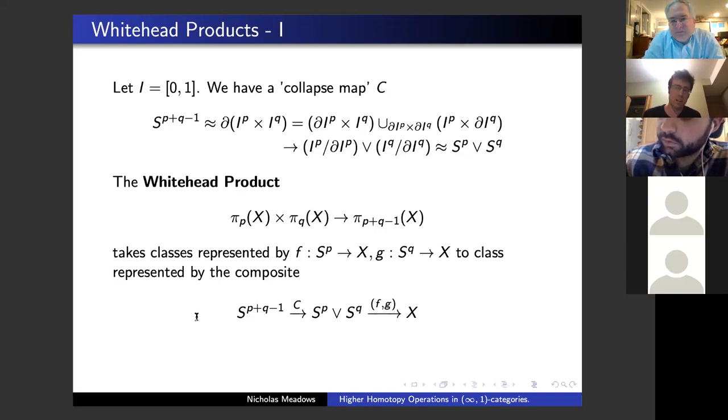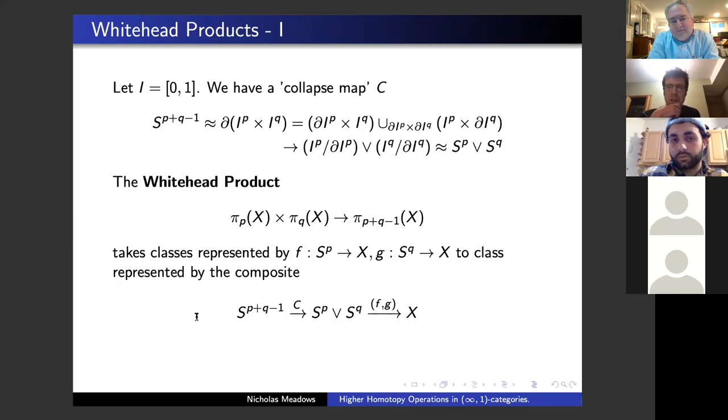I can't think of any examples off the top of my head, but yeah, I think the Hopf map. Sorry, I don't imagine it's symmetric, in other words, commutative. No, I don't. How would it be commutative? It can only be commutative if p equals q, right? Right. I'm not sure if it's commutative.